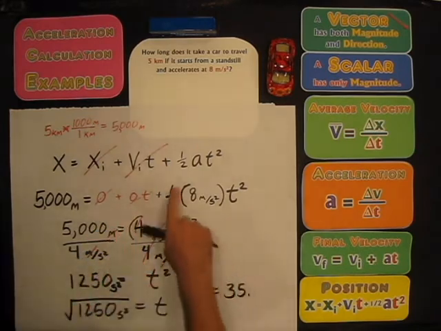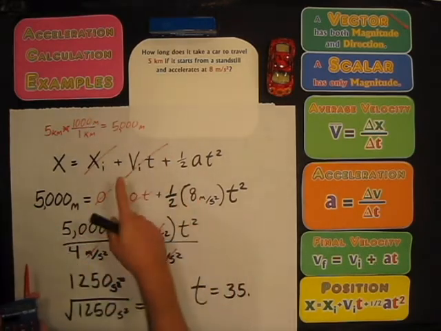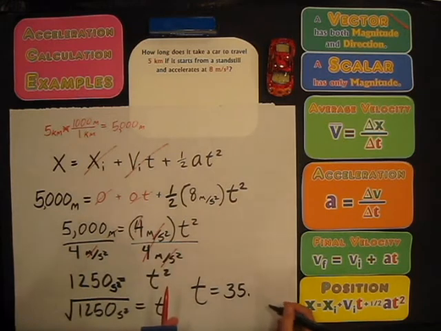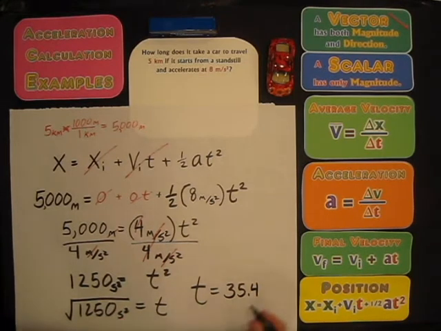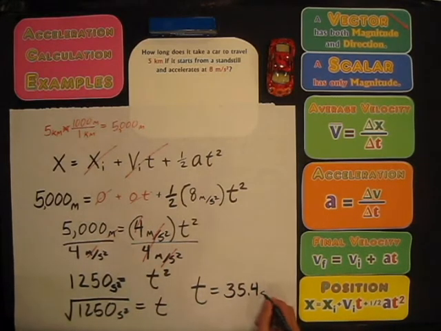Maybe one more, two more digits. I'm just going to keep 35.4. And then, of course, the square root of the unit seconds squared would be seconds.